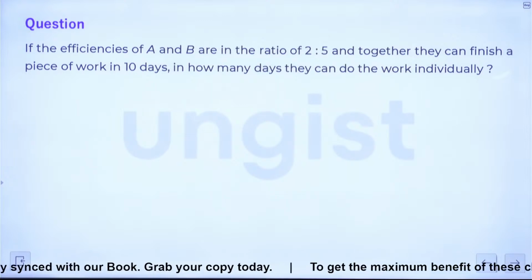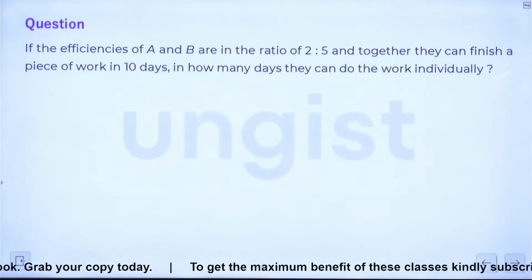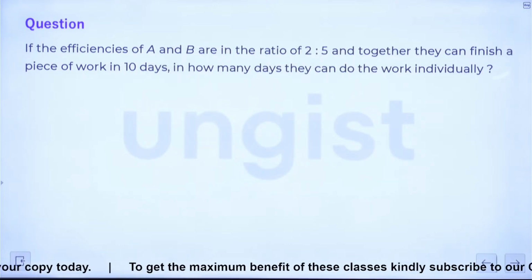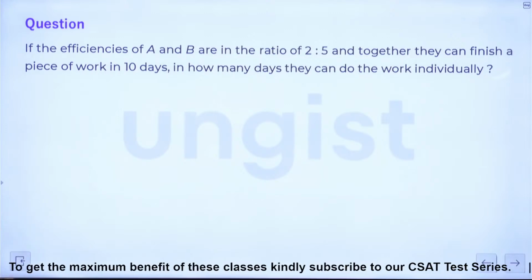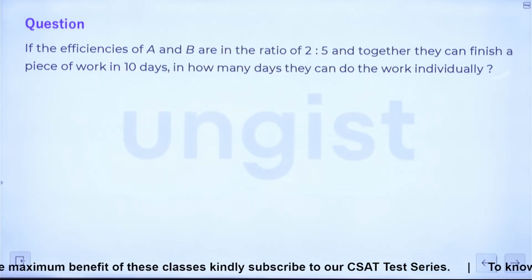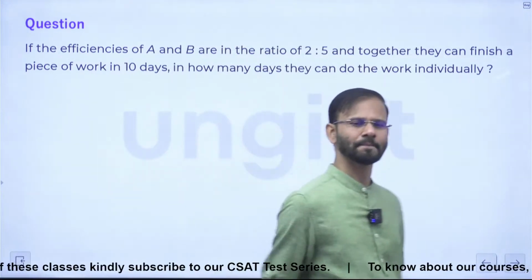The question is saying if the efficiencies of A and B are in the ratio 2:5, and together they can finish a piece of work in 10 days, in how many days will they do the work individually? You can solve this question? Try once. Tell me the final answer. Everyone, tell me the answer like this only.